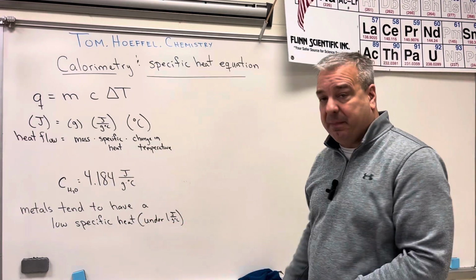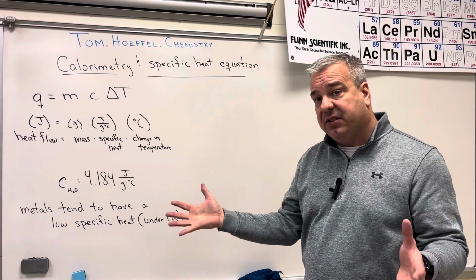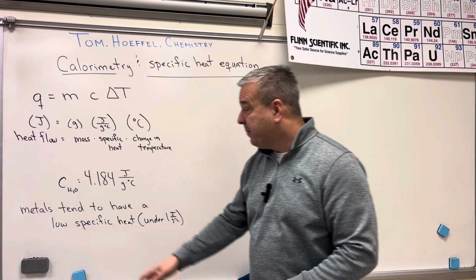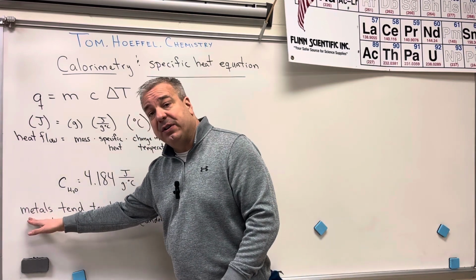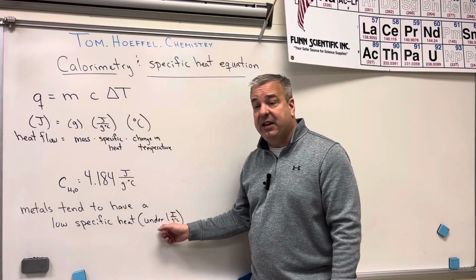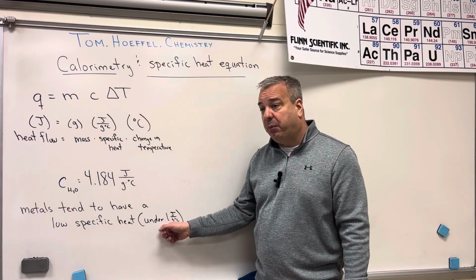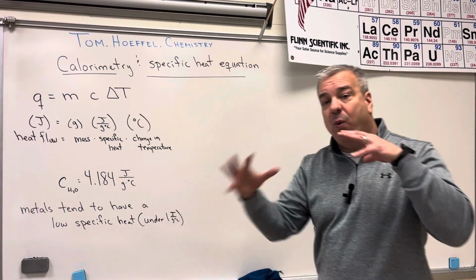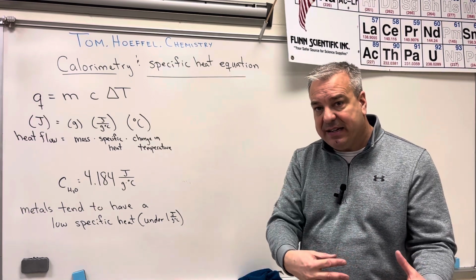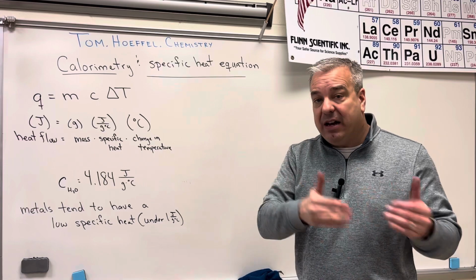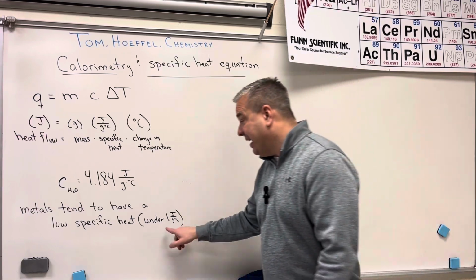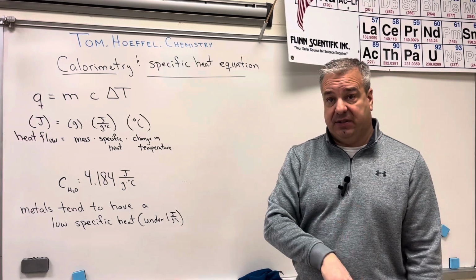I know it doesn't seem like a big number, but relative to other substances, 4.184 is a pretty big number. Down here, I have a reference for you. Metals tend to have a low specific heat, typically under 1 joule per gram degree Celsius. What does this mean? It means metals, things that conduct heat, can heat up and cool down very quickly, because of their low specific heat.